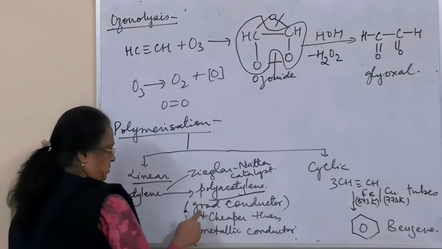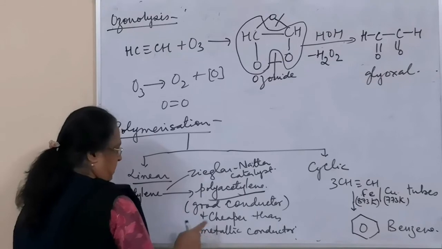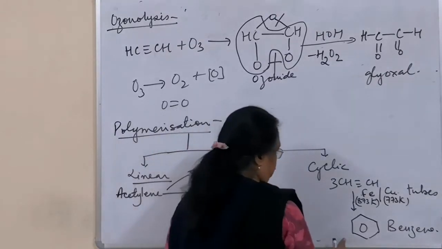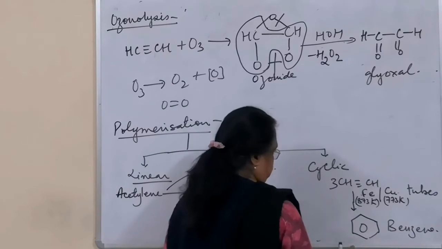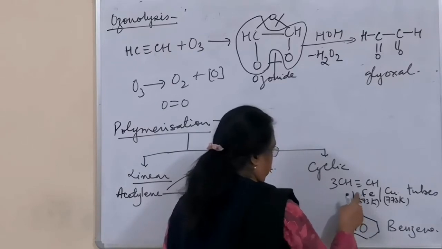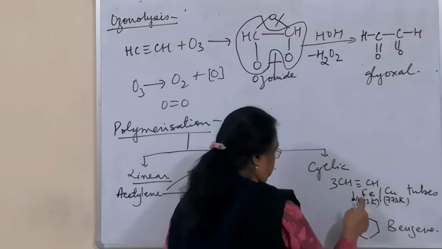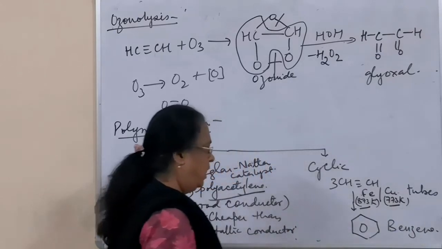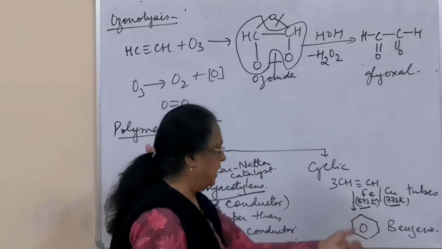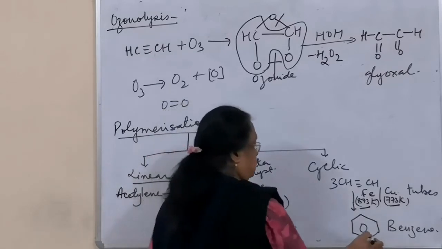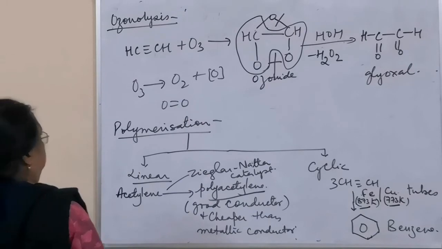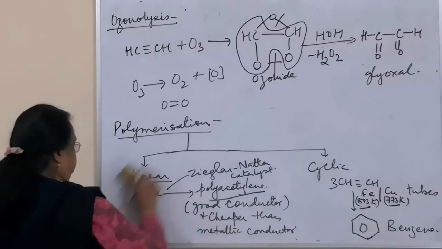And this is a good conductor and is cheaper than metallic conductors. A cyclic polymer we can get from acetylene is benzene, in the presence of a copper tube or iron tube. If an iron tube is taken, the temperature is higher. If a copper tube, then the temperature is comparatively low. And we get a cyclic polymer, that is benzene. So here ends your alkyne.